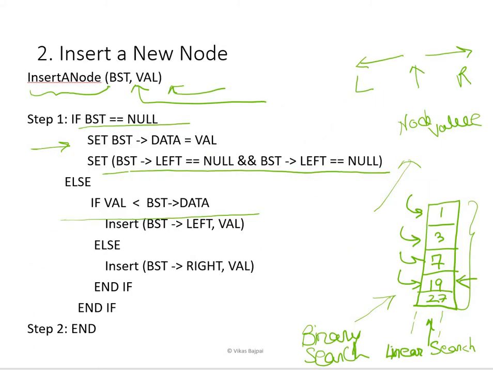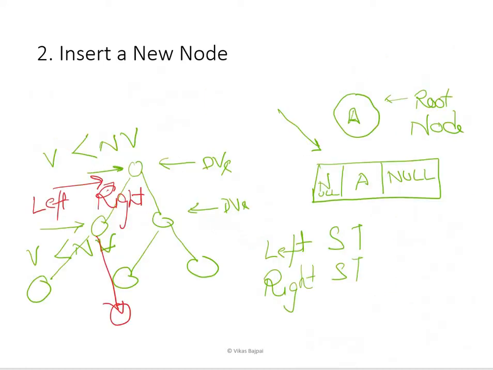Alright, so this was the first part where we did some comparison and we moved towards left. The other option we are left with is moving towards right. So I found that my value is greater than this particular node value. So I'll say that okay, it's better to take a right, just like binary search.